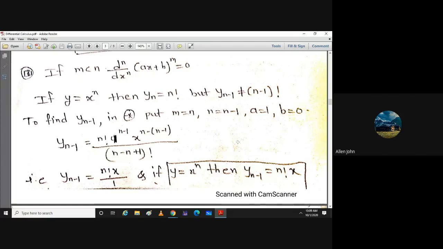Sir, you're asking for x raised to n, no? Yes, x raised to n. So the answer is n factorial into x. And how do you get this?